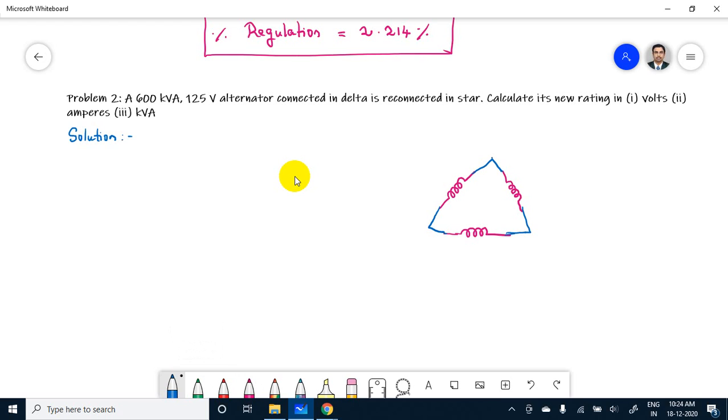There are only 3 terminals in delta, so there is no neutral point.